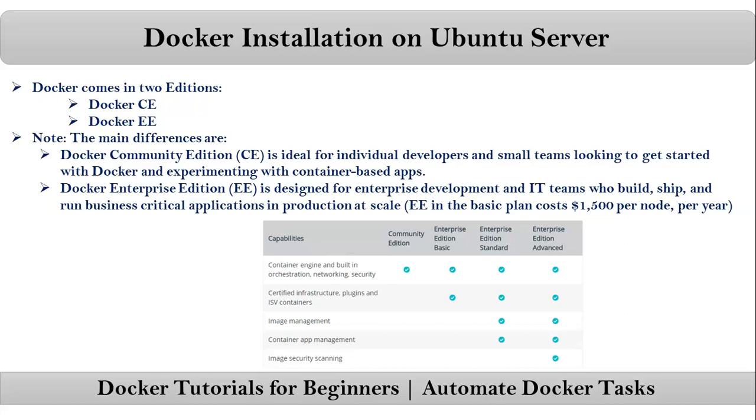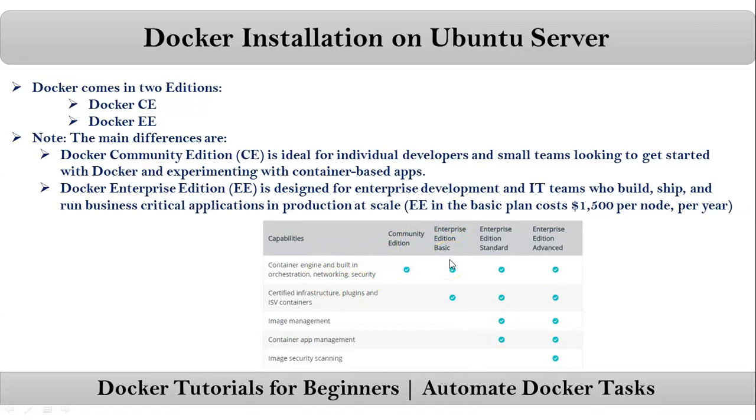That's it. And here Docker Enterprise Edition, definitely it has some advanced concepts compared to your Docker Community Edition because this is Enterprise Edition. Again, Docker Enterprise Edition is available in terms of basic, standard and advanced editions. So if you observe here, simply I have given some differences between your Community Edition with your Docker Enterprise Edition.